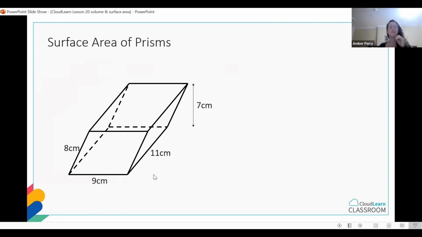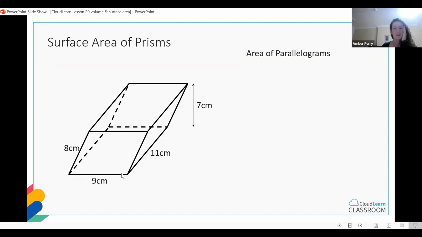Remember, we're not finding the volume, we're finding the surface area. To find the surface area of this, we need to know how to find the area of a parallelogram. Do we remember how to find the area of a parallelogram? It's a bit of a tricky one, because we're given this 9 and this 8, but it's not actually the 8 that we multiply.